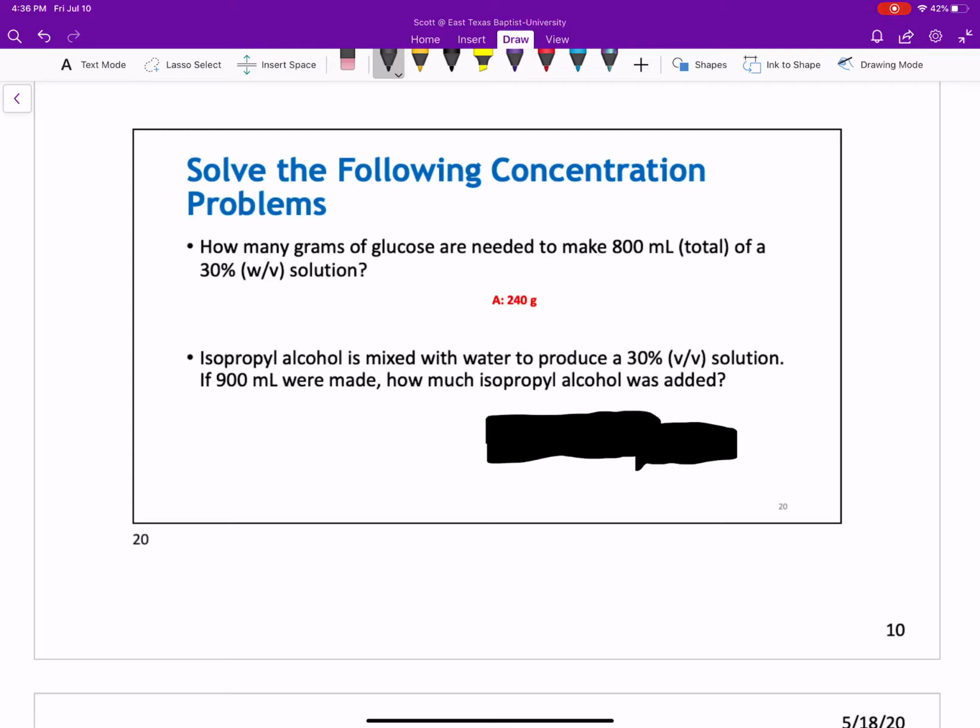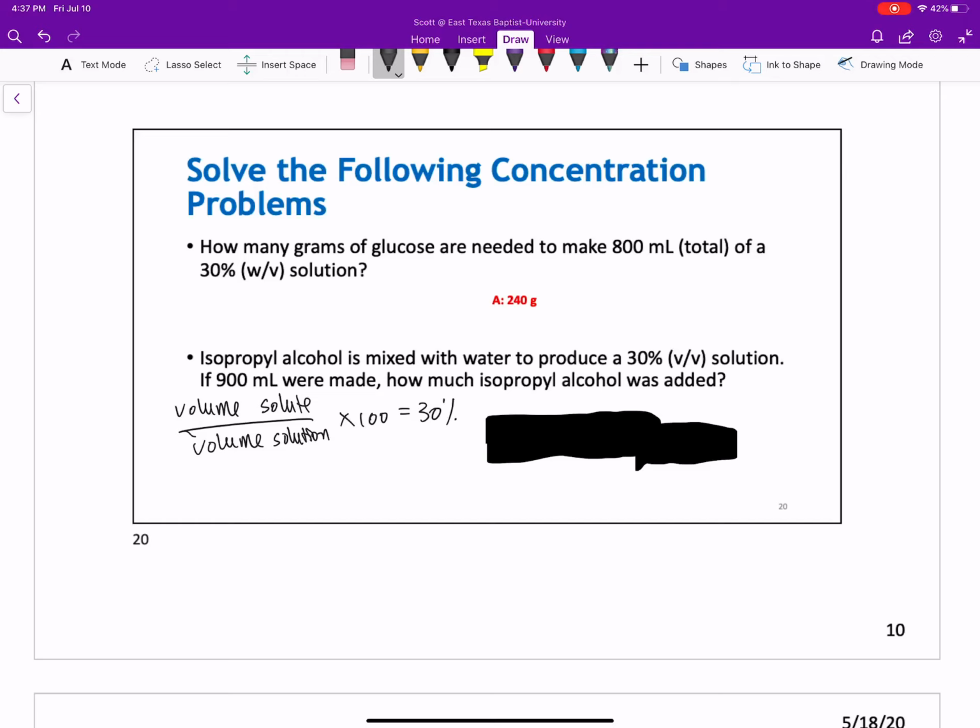So isopropyl alcohol is mixed with water to produce a 30% volume solution. If 900 milliliters were made, how much isopropyl alcohol was added? Okay, so remember this is a volume percent, and so what we're looking at is volume of solute over volume of solution times 100, and it equals 30%.